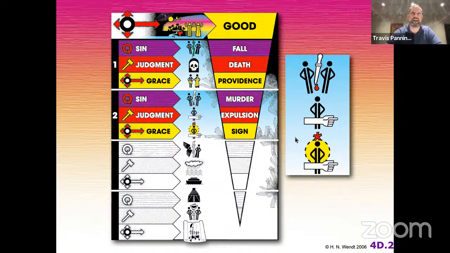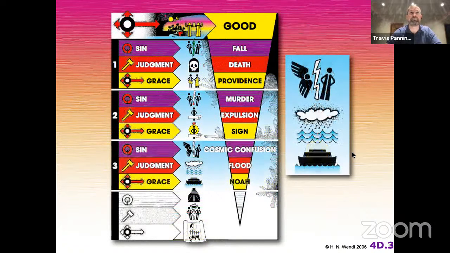Grace in this case is God saying, no, they won't. I will put a mark on you so that people will know that you are not to be touched. An interesting and a very deep rabbit hole that we could go down that I would need to prepare for much more myself. But again, sin, judgment, grace happens again.